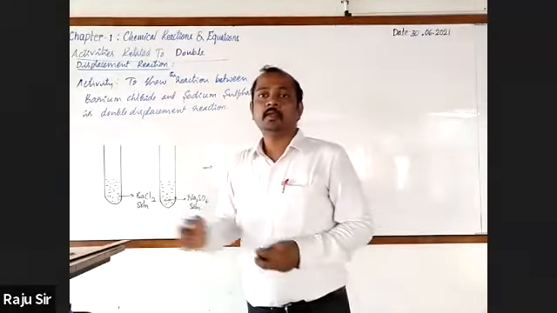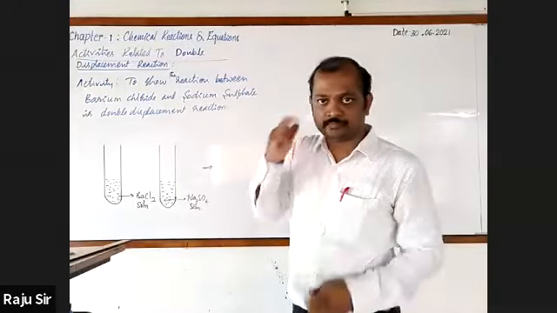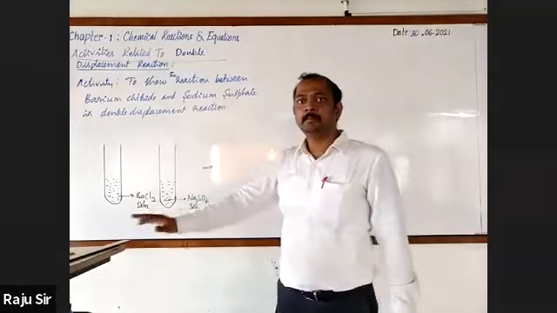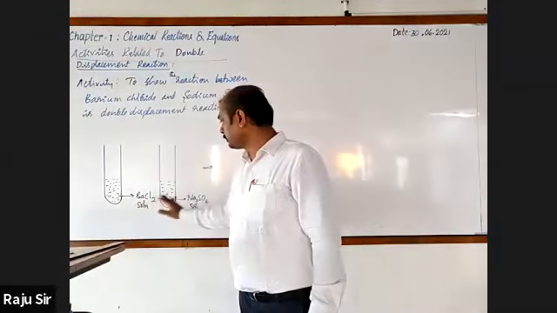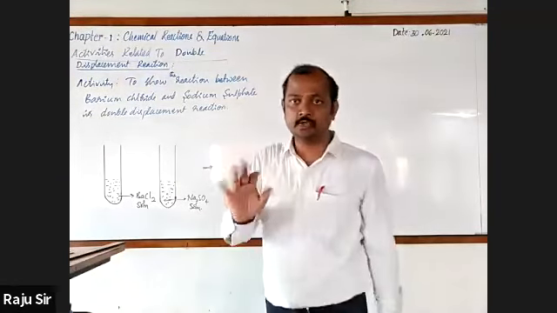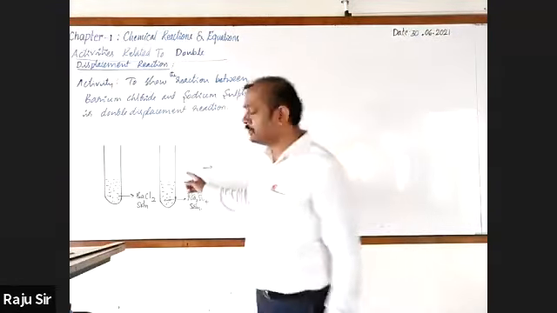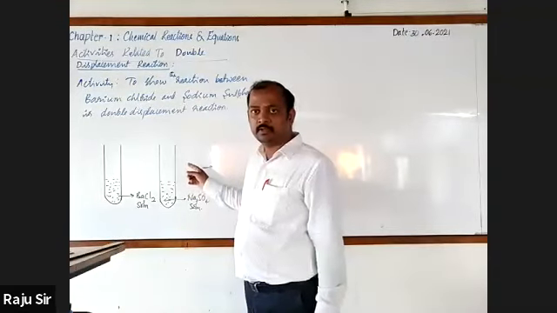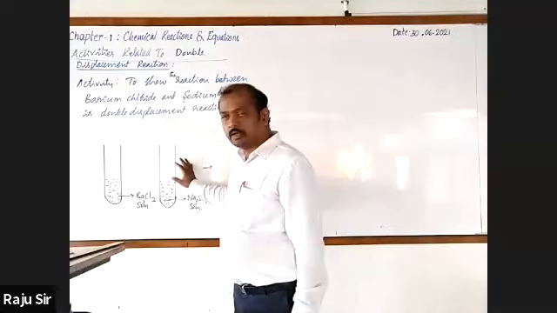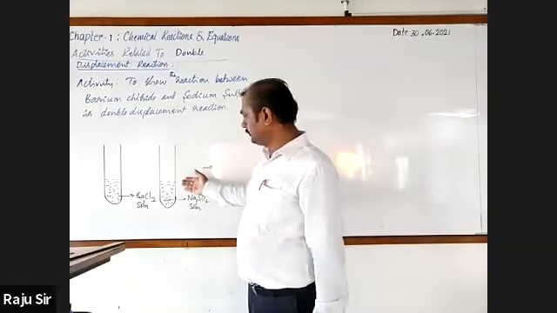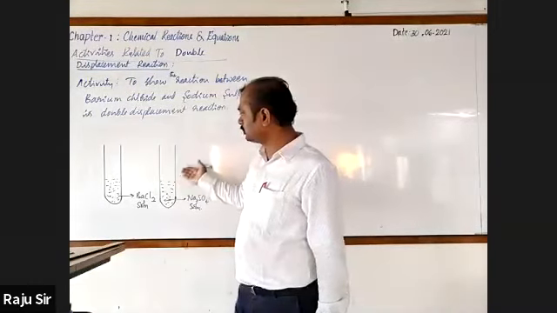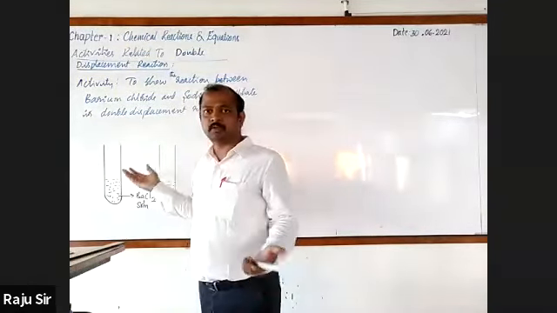Now, listen. The first point is very simple: prepare barium chloride solution and sodium sulfate solution in two separate test tubes. Next point: you may add the solution of the second test tube to the first one, or the first one to the second one, however you want.